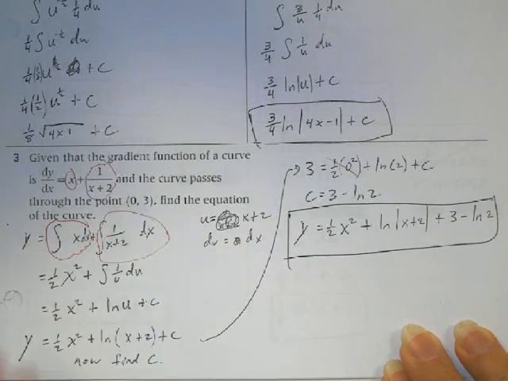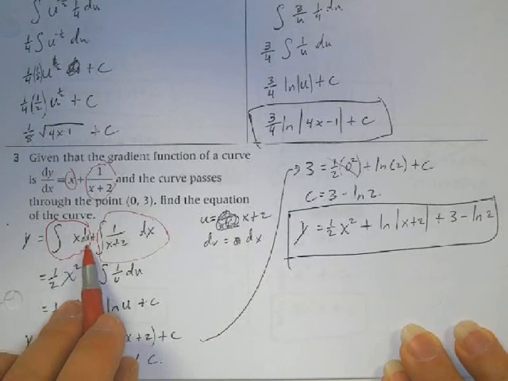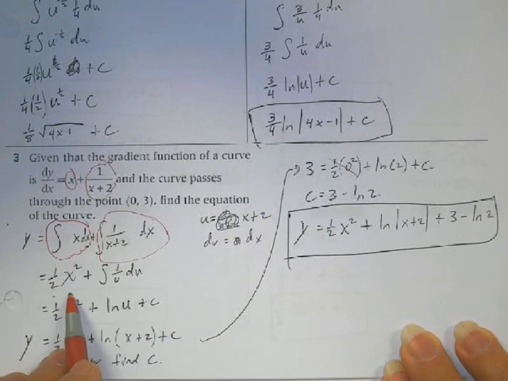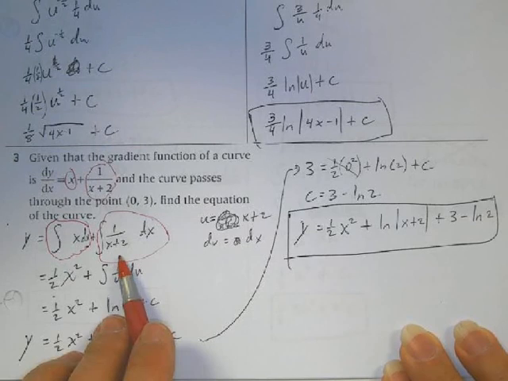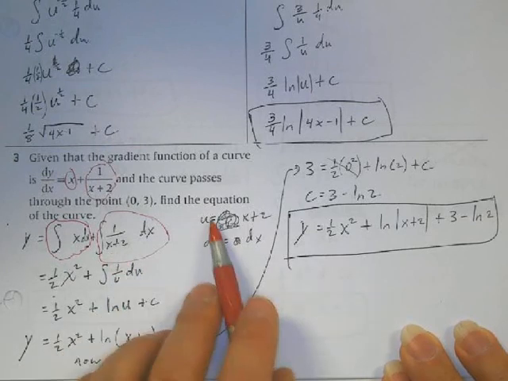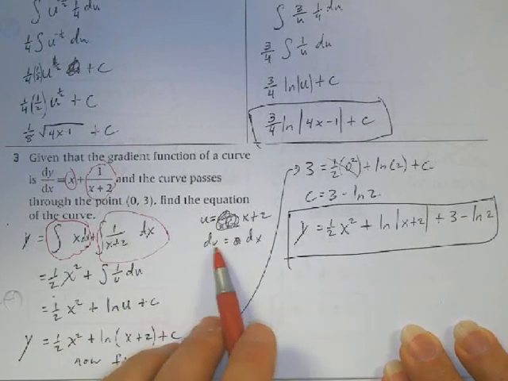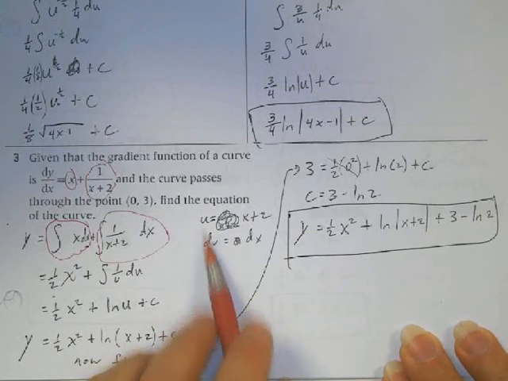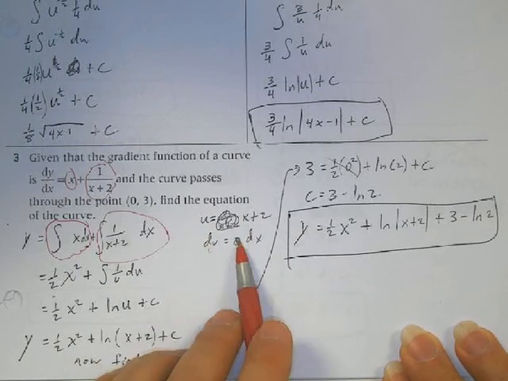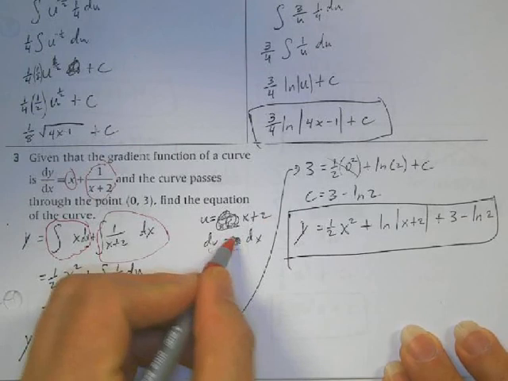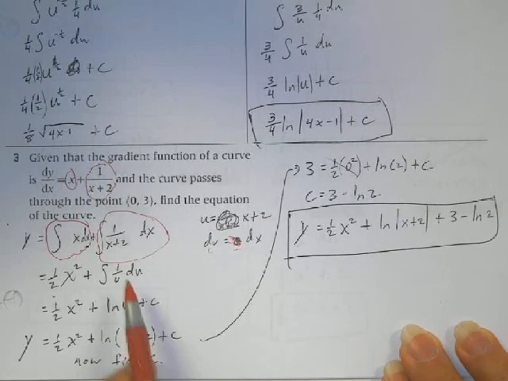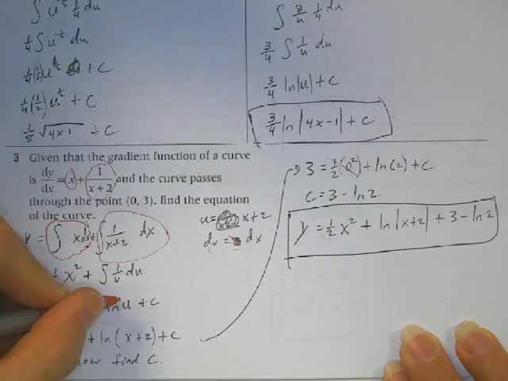The antiderivative of x dx is 1/2 x squared. It's useful to make u equal to x plus 2, and then the derivative of u is du. Derivative of x plus 2 is dx. And there we go. I think there should be an absolute value here.